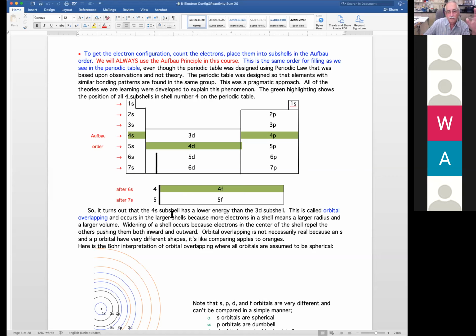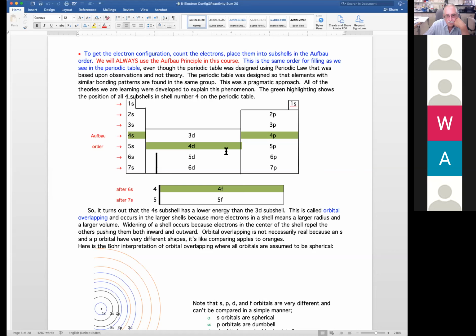So if you really wanted to take your periodic table and understand how it works, I would suggest finding shell number 4. So in shell number 4, you can have 4 subshells, right? Where are they? Well, here's the 4s, here's the 4p, here's the 4d, where's the 4f? It's way down here.